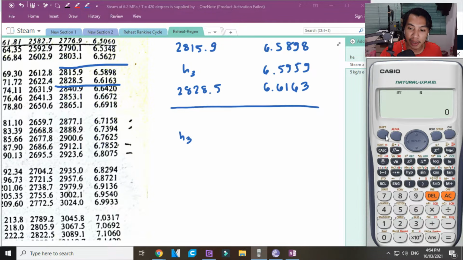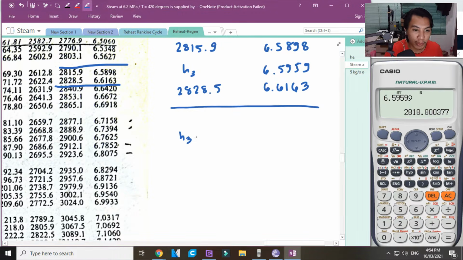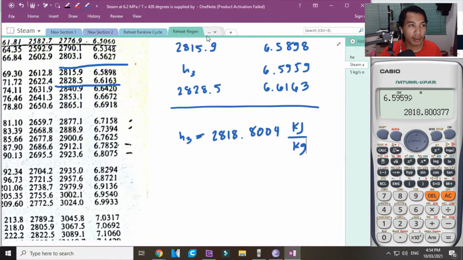Press AC, shift 155 with the corresponding S or entropy, 6.5959. That is 2818.8004 kilojoule per kilogram. Kunin ko ito para mailipat ko dito.